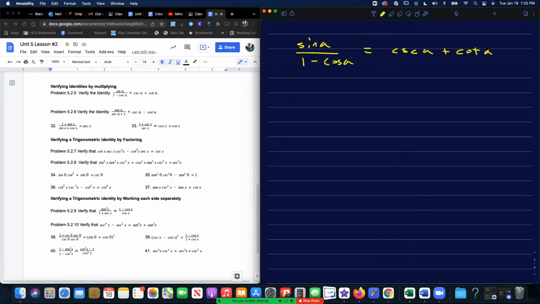For this right here, I'm actually going to multiply 1 minus cosine of alpha out to everything because I just don't want to deal with the fraction. So doing that will look like this. On the left side, it's just sine of alpha because 1 minus cosine of alpha would cancel. But on the right side, you have cosecant alpha plus cotangent alpha times 1 minus cosine of alpha.